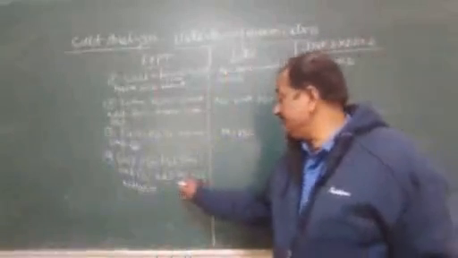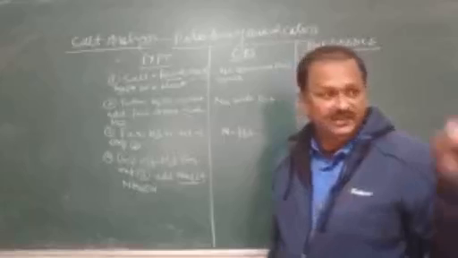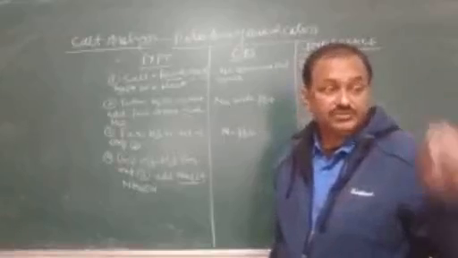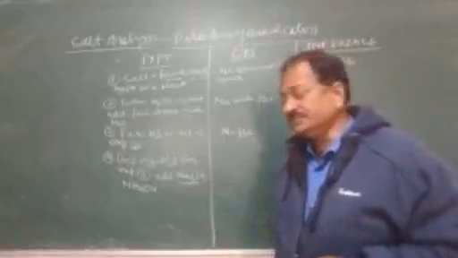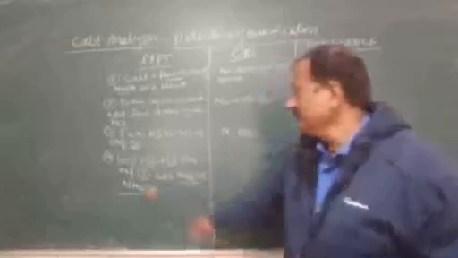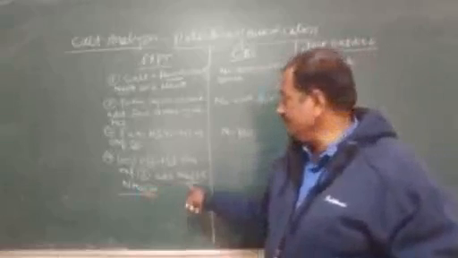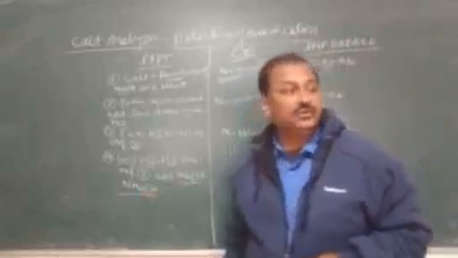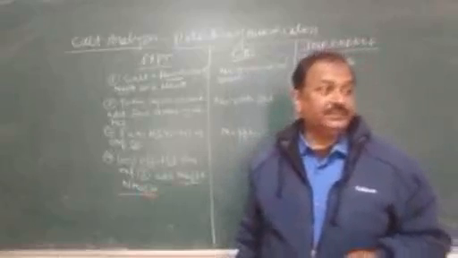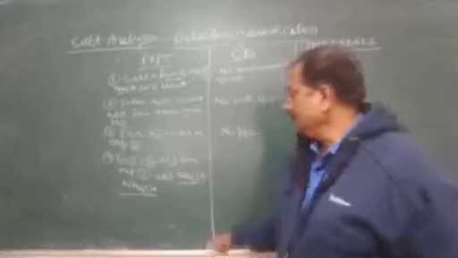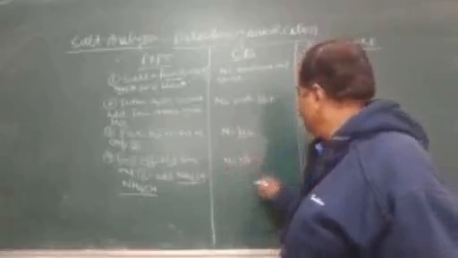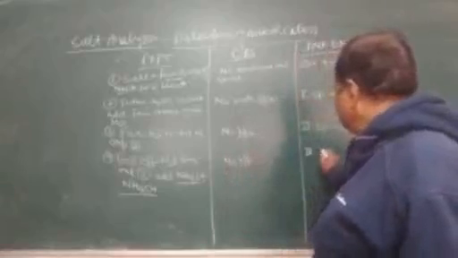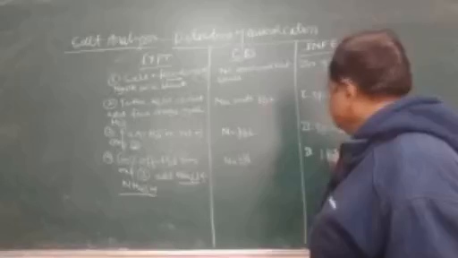Then first add a little NH4Cl, so as to make it slightly ammoniacal, and then add NH4OH. Here NH4Cl is added to increase the common ion effect, which will help in the precipitation. Again there will be no PPT, so third group absent.